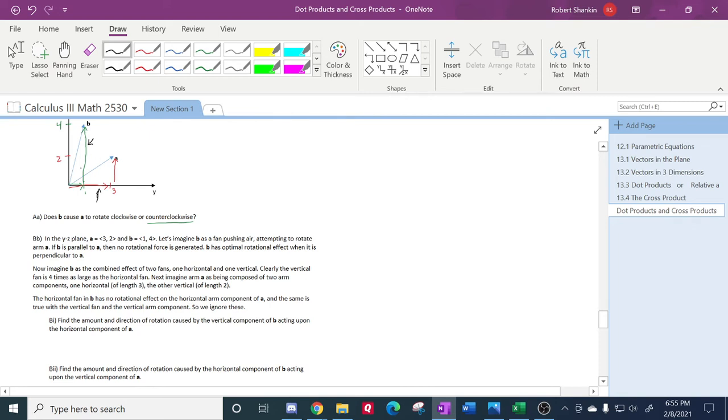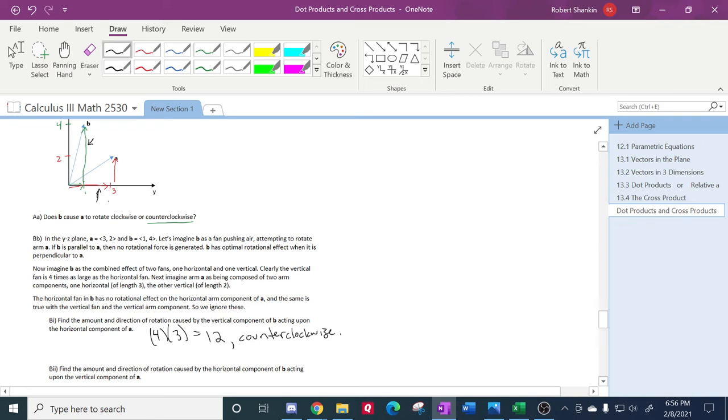But that's exactly the case when they're perpendicular like this. So it'll be the torque: the magnitude of this, times the magnitude of this, times the sine of the angle. The sine of a 90-degree angle is 1. So it's just 4 times 3, which is 12, counterclockwise. So that's the amount and the direction of rotation.